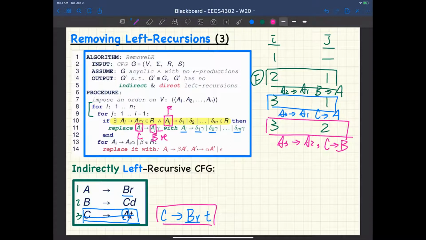AJ here is B, and B here can map to CD, right? So the only delta 1 you have over here is simply CD. That's why you have to replace. Let me finish that, and I'll definitely take questions. So now you can replace this by C produces, so B will be replaced by CDRT. So that should be the final answer over here.